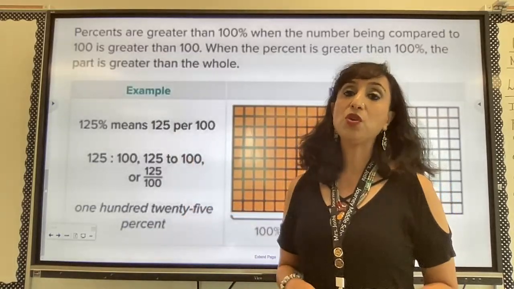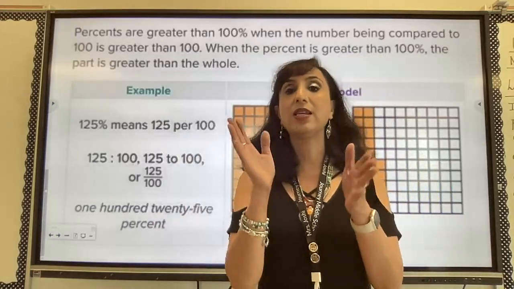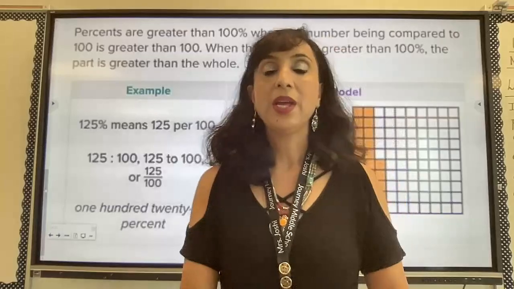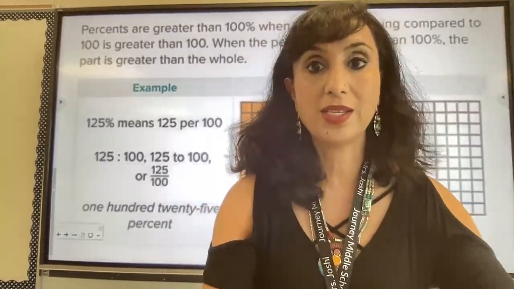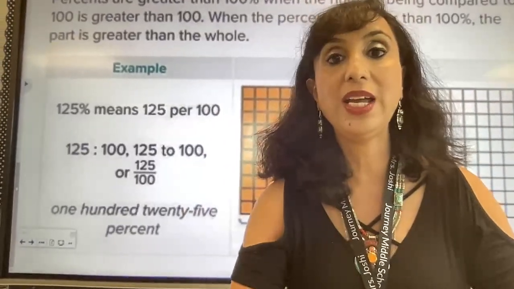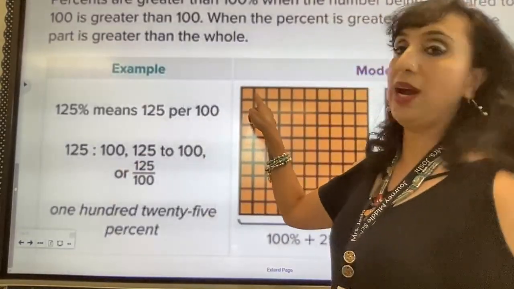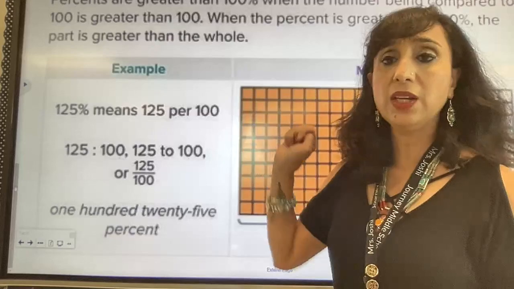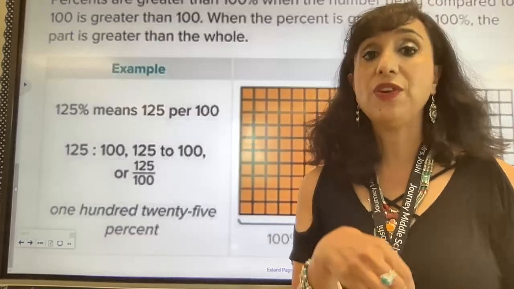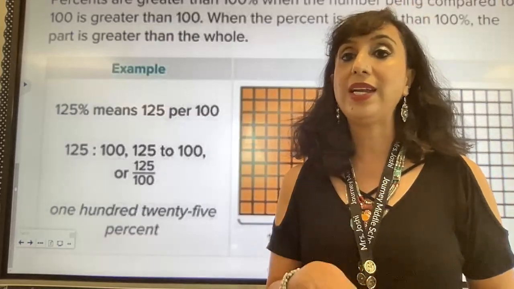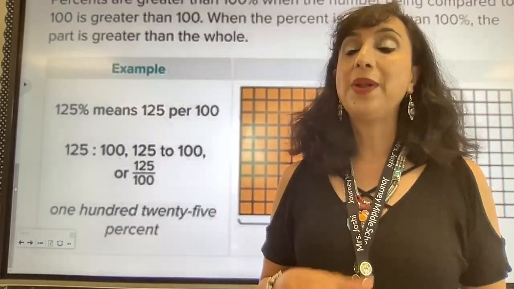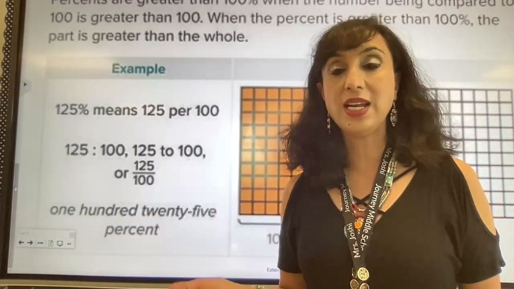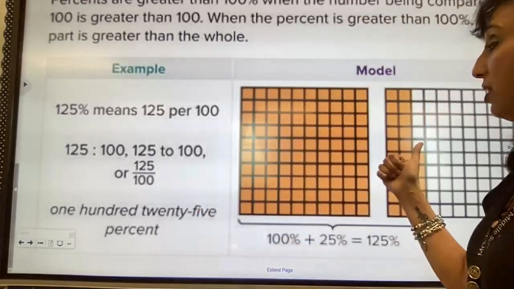So if I'm showing 125%, I know that the 10 by 10 grid is nothing but 100 parts, right? And we had talked about that each square in the grid is 1%. So if it's 125%, we know that it's one whole plus another 25% in a different grid.